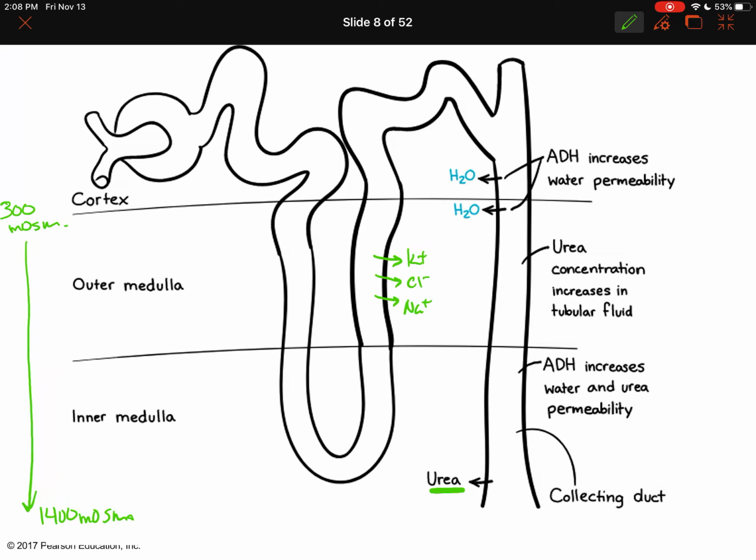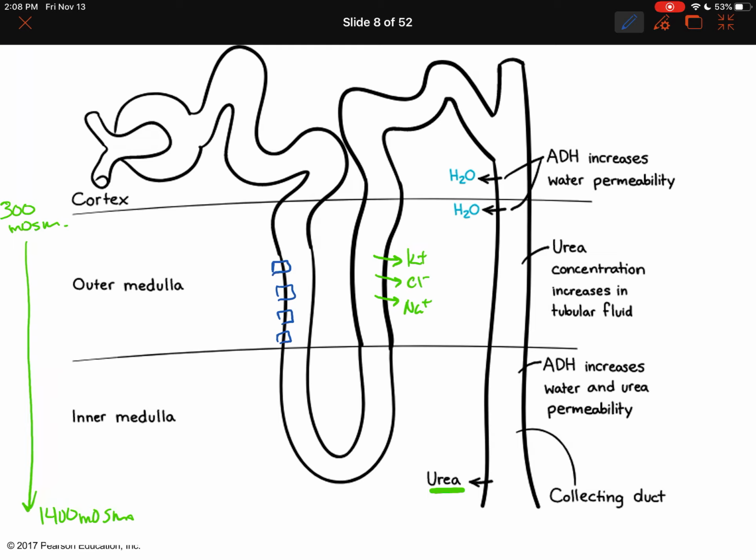Now, in order for water to move out from that tubular fluid, we need to have aquaporins. Water is a polar molecule. It doesn't move through the membrane naturally, so it's going to have to use aquaporins. There are aquaporins only in the descending limb of the nephron.